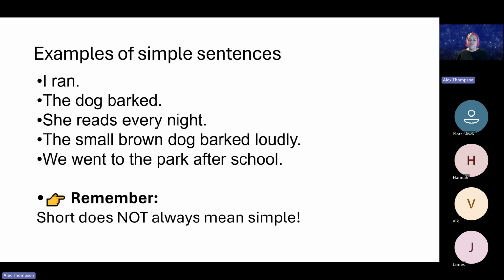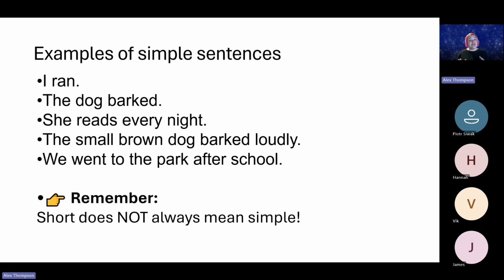They are both simple sentences, because if we look at each one: I, subject, ran, predicate. The dog, subject, barked, predicate. She, subject, reads every night, predicate. So you can see all of these have got an example, and the more you practice these things, the more you're able to identify them.